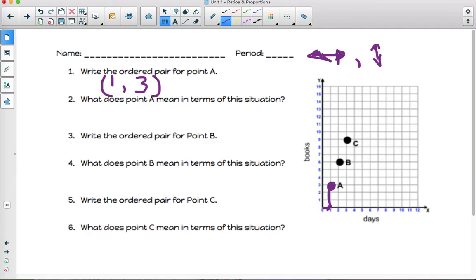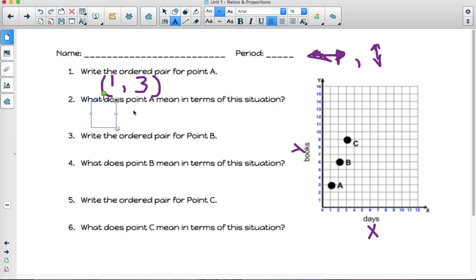Okay, and now what I'm really interested in knowing is what does this coordinate point mean in terms of this situation? So this is where I'm going to have to look at my graph and my labels. What does point A mean in terms of this situation? If I'm following the ordered pair, I went over 1.